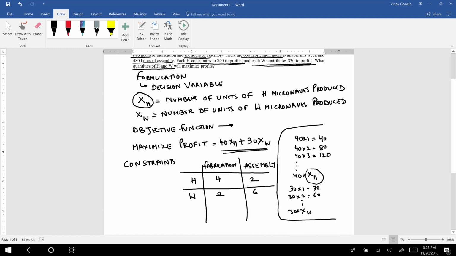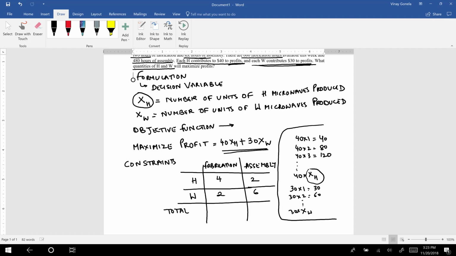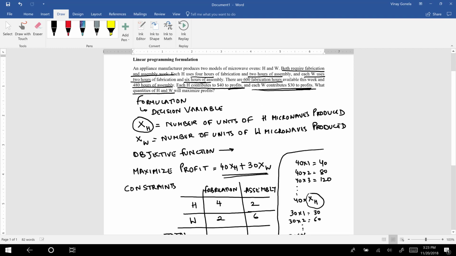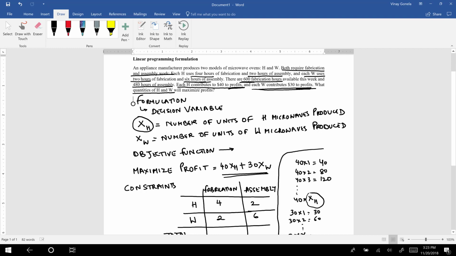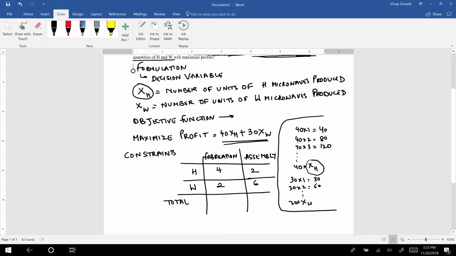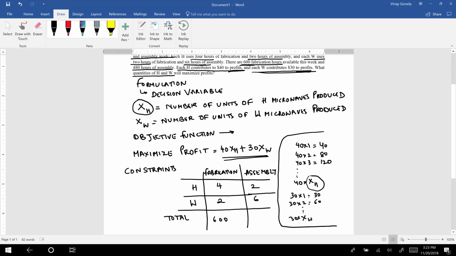And overall, the total is we have 600 fabrication hours, and assembly is we have 480 hours.